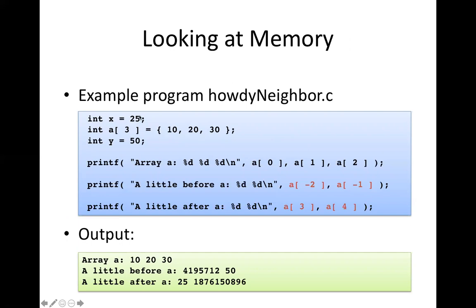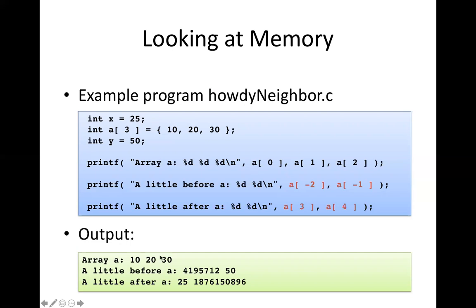Right before the array, it makes a variable x that gets a value of 25. And right past the end of the array, it makes a variable y that I put 50 into. If I just print out the elements of the array, on this first printout, you get exactly what you would expect. The array has 10, 20, and 30 in it.